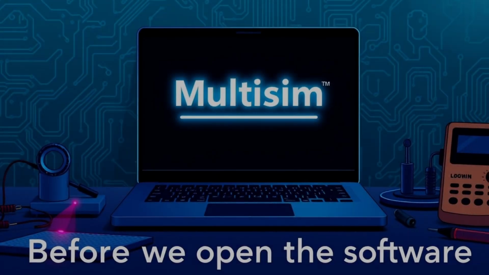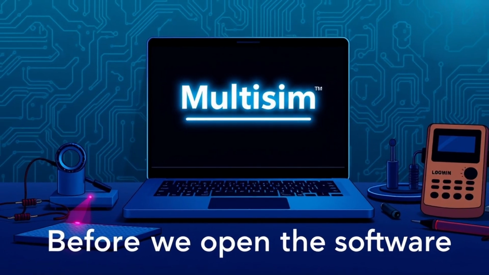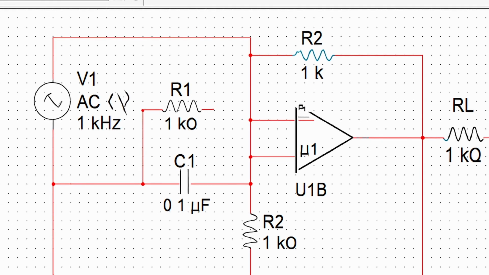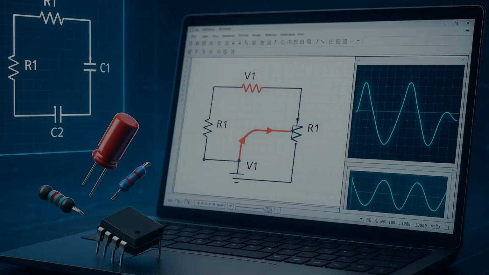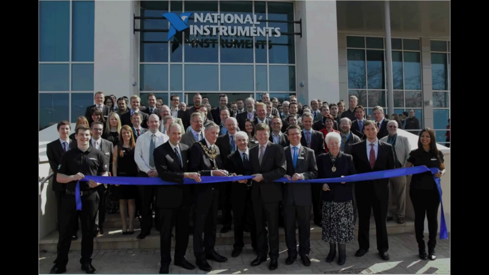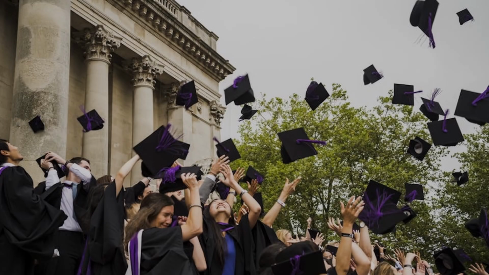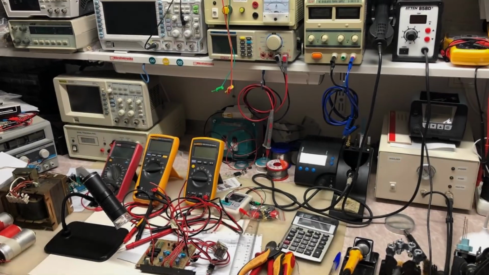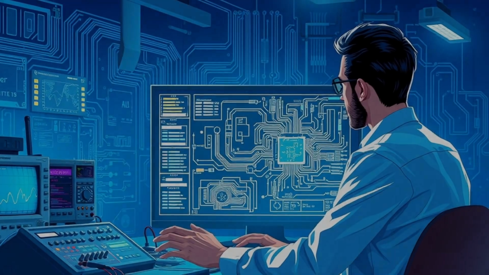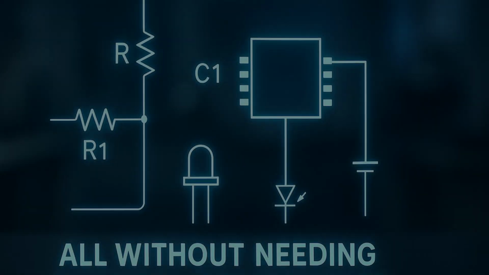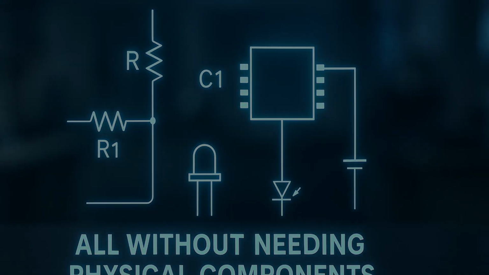So before we open up the software, let's take a moment to understand what exactly Multisim is. Multisim is a circuit design and simulation tool developed by National Instruments. It is widely used in universities, labs, and even by professionals for testing and simulating electronic circuits, all without needing physical components.